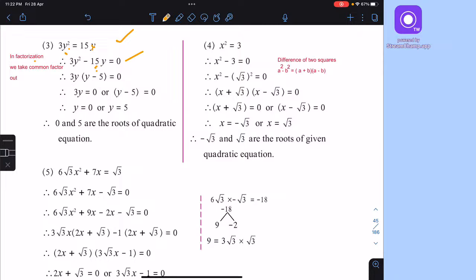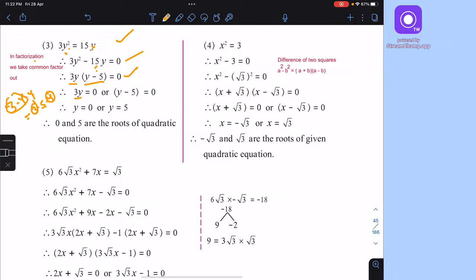Now here 3y square, if you consider the factors, 3y square minus 15y, 3 5s are 15y. So here 3y is there, here also 3 and y is there. The common factor is 3y. And what is not common is y minus 5. This y minus 5 is uncommon. This is equal to 0.